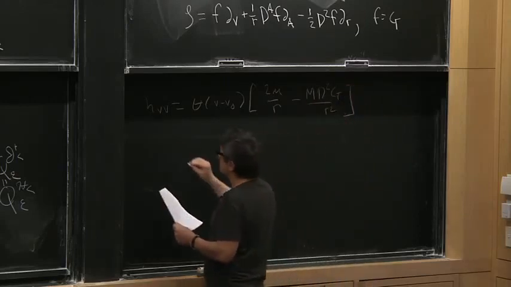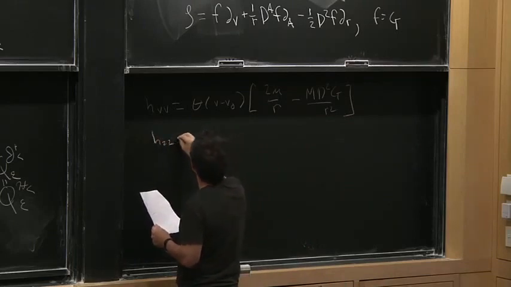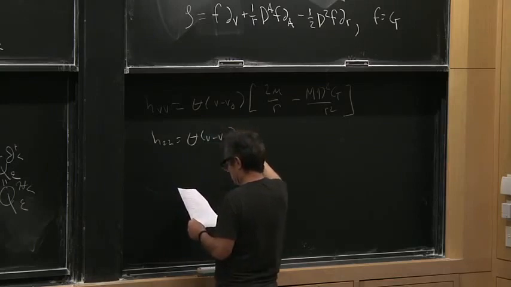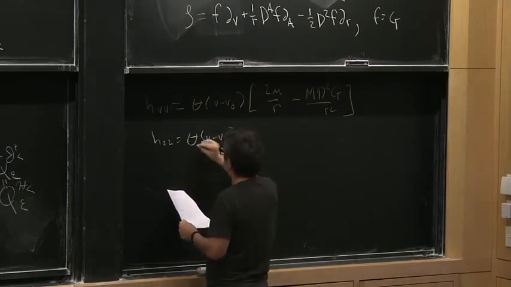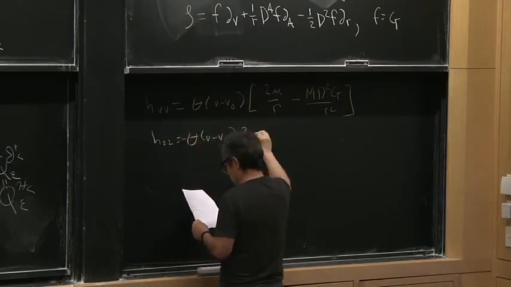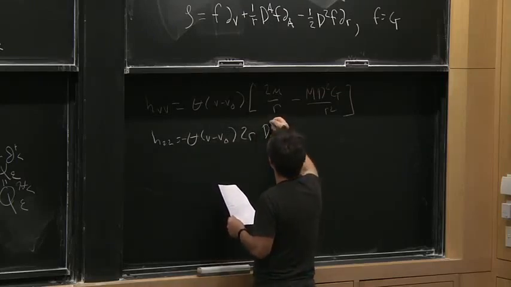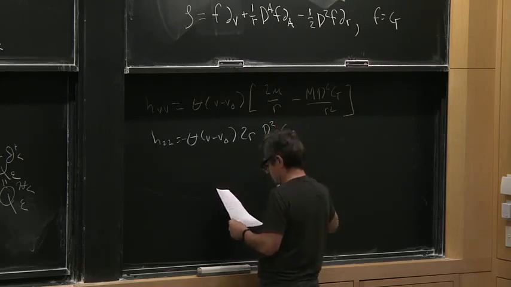and hzz is theta of v minus v0 minus theta z0 2r dz squared ct.